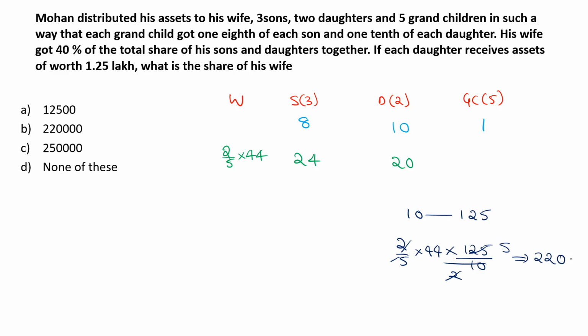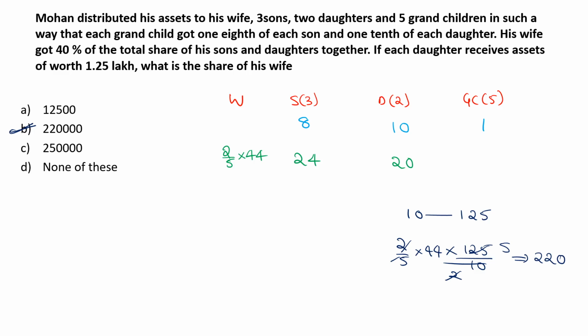But 220 is in terms of thousands. When 125 is representing 125,000, 220 represents 220,000, then our correct answer would be 220,000 or 2,20,000. The share of wife is nothing but 2,20,000. Okay, a very good question, and we have solved it very wisely and very easily.